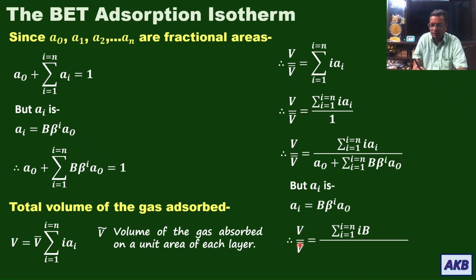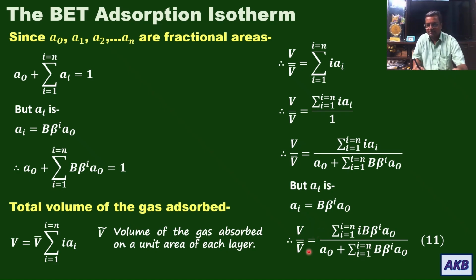So that gives us V upon V bar is equal to summation of I into B into beta raised to I into A naught when I goes from 1 to N divided by A naught plus summation of B into beta raised to I into A naught when I goes from 1 to N. So in this way we get an equation for V upon V bar.